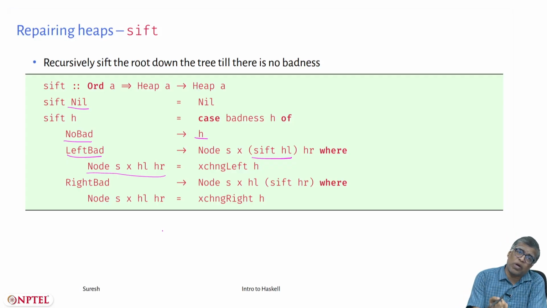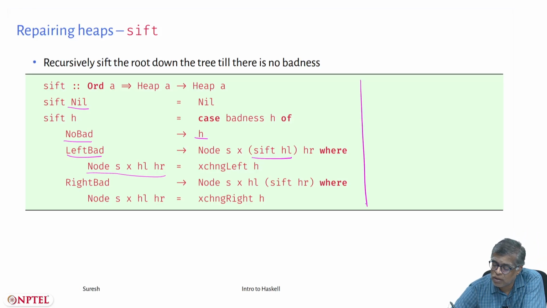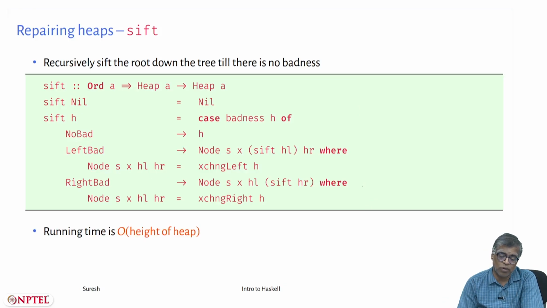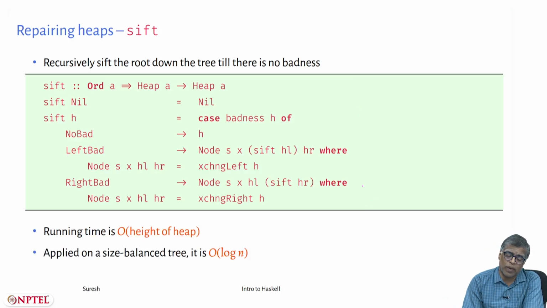We originally started out with a perfectly balanced tree and height was log n, right? Running time is order height of the heap, but it is a size balanced tree, so the height itself is log n, so it's order log n.